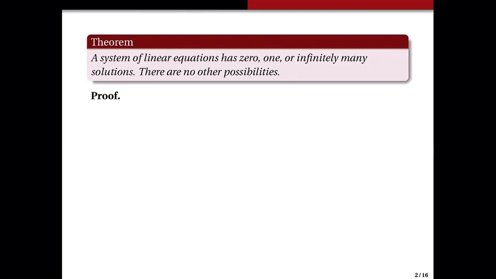So what we actually need to prove in this theorem is that there are no other possibilities, meaning there is no system in which there's exactly two solutions, or no system that has exactly three solutions. Those are not a possibility.